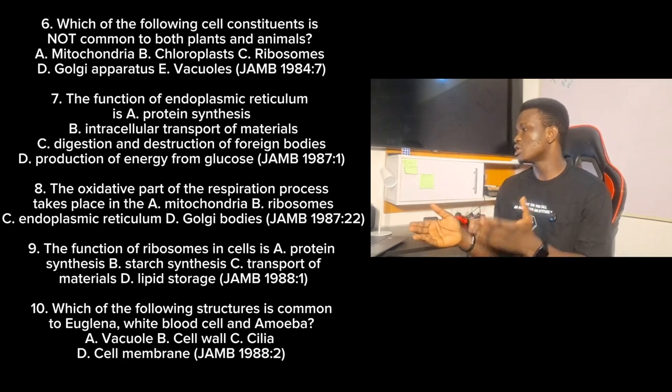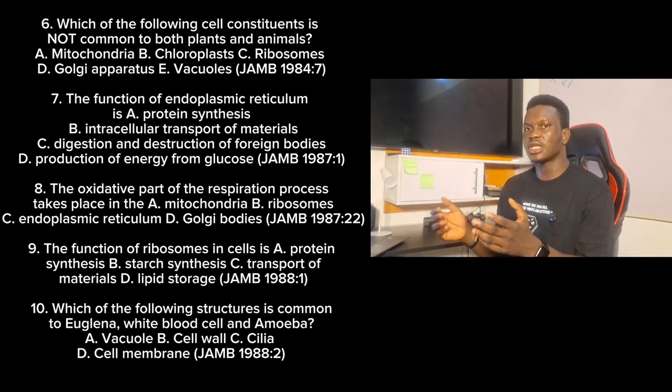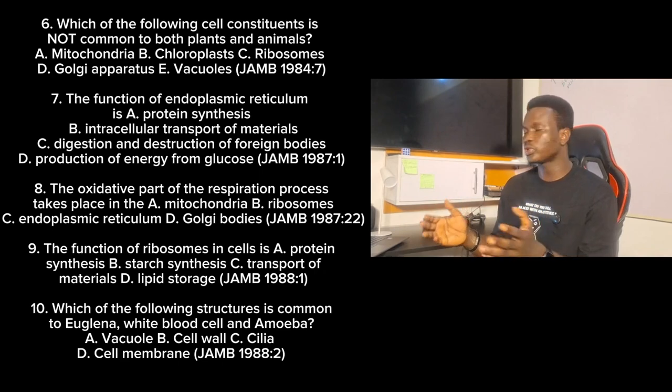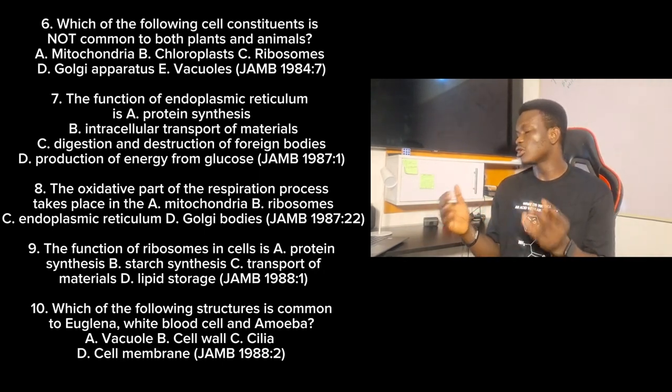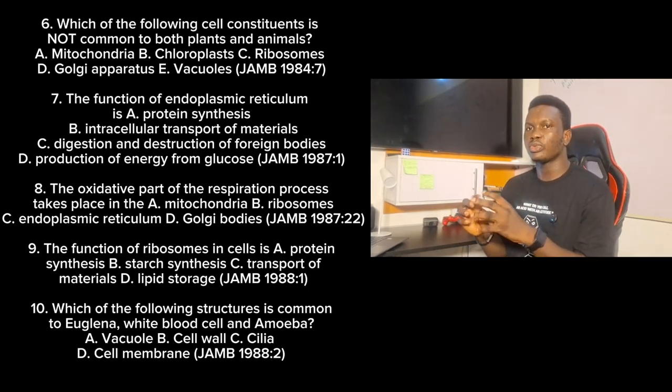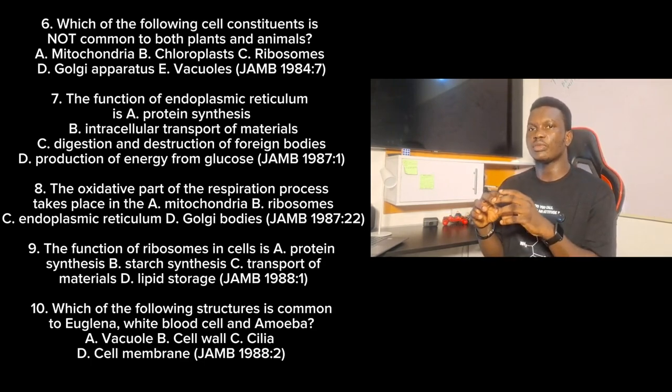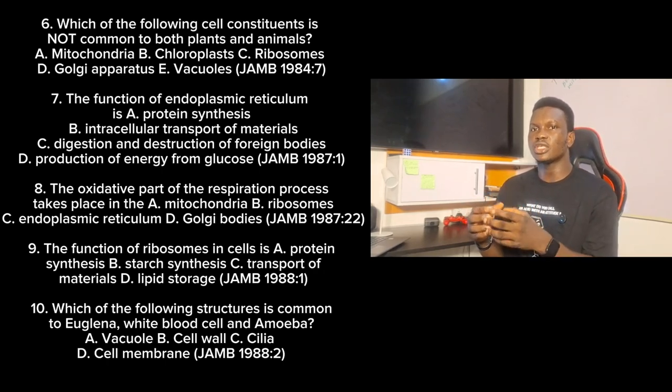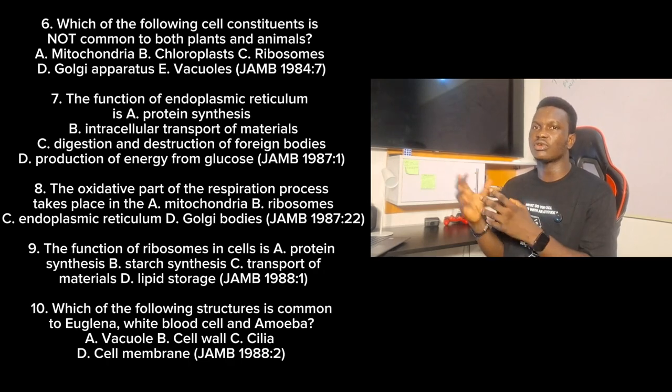Then ribosome is present, and that helps in protein synthesis. Then Golgi apparatus helps you to repackage protein. So when protein is produced, the protein is sent to Golgi apparatus. Then Golgi apparatus restructures it by adding the necessary lipids and carbohydrates before sending it out of the cell for use.